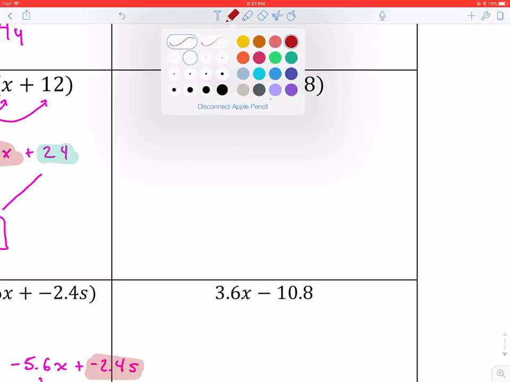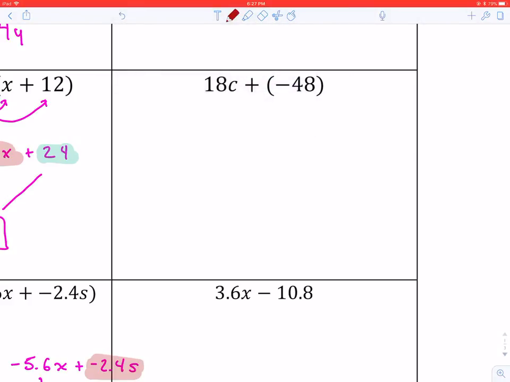Another thing that we need to talk about with these factoring problems is that for 18 and 48, you can pull out more than just a 2. You can also pull out a 3, and you might be able to pull out some other numbers as well. The fact that we can pull out a 2 and a 3 also means we can pull out a 6, because 2 times 3 is 6.